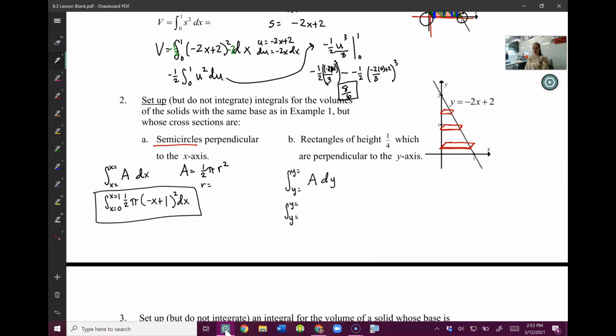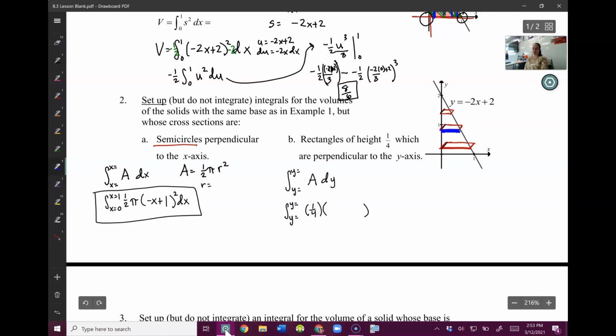Rectangle is length times width. So our length, or our height, I guess I could say, is 1/4. And that's never going to change. The height of all of these is always going to be 1/4. So times by, now we just need to know what this width is.